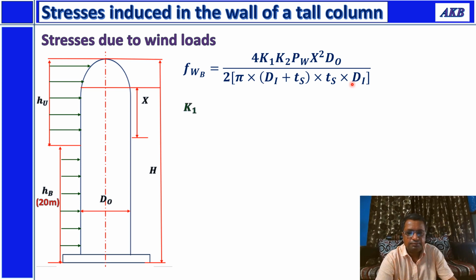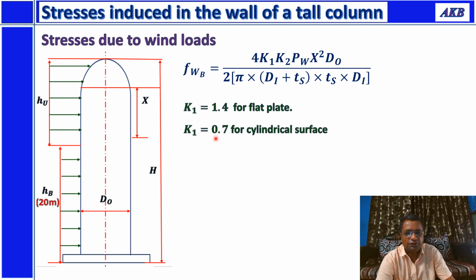What are the terms? K1 is a constant which will have a value of 1.4 for flat plates, and it will have a value of 0.7 for cylindrical surfaces. So for a tall column, you have a cylindrical surface, and in that case you have to use K1 as 0.7.